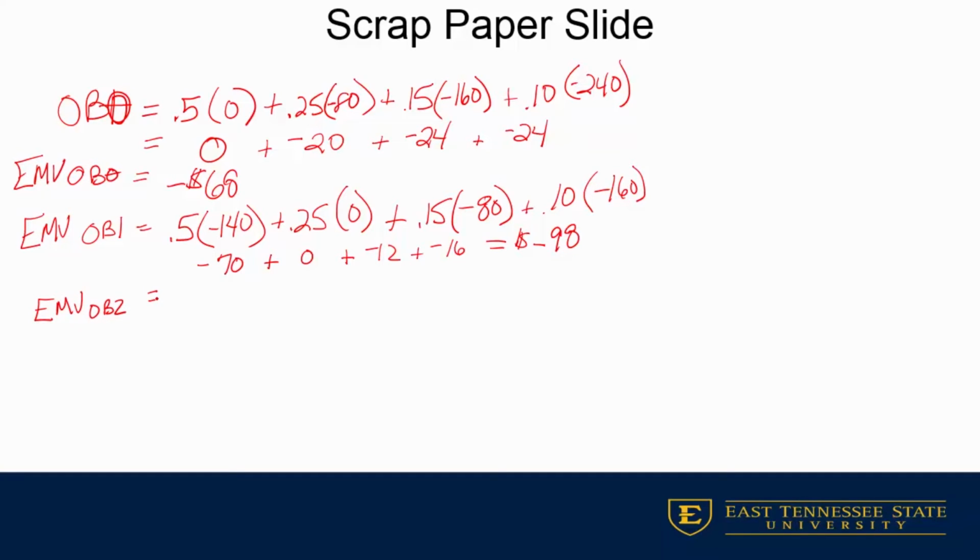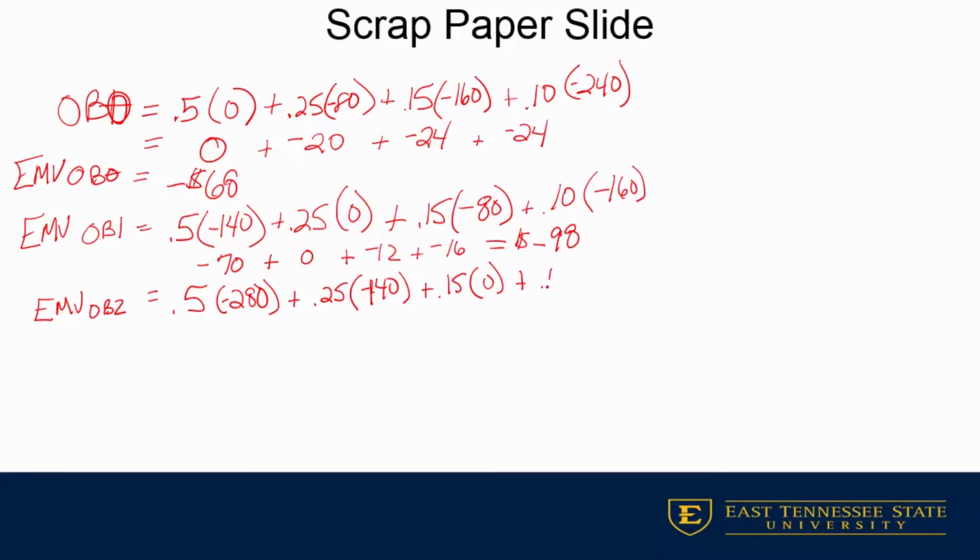To find the expected monetary value for overbooking 2 rooms, again, we're using the same probabilities. Our probabilities do not change. So 0.5 or 50% probability of overbooking 2 rooms with 0 cancellations is a negative 280, plus the 0.25 of having one cancellation, and we'd be out $140. The 15% or 0.15 probability of having two cancellations, we're not out any money.